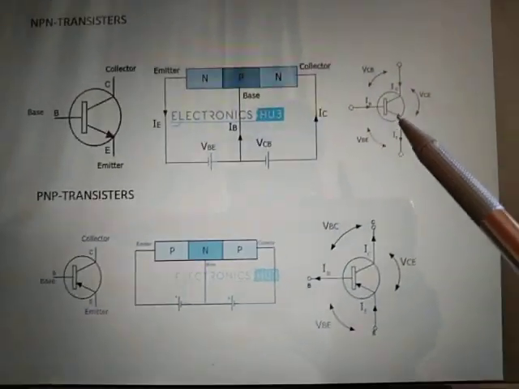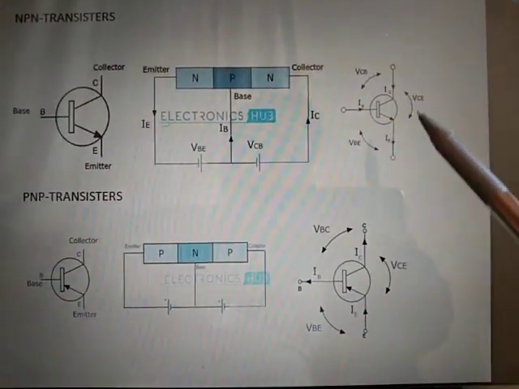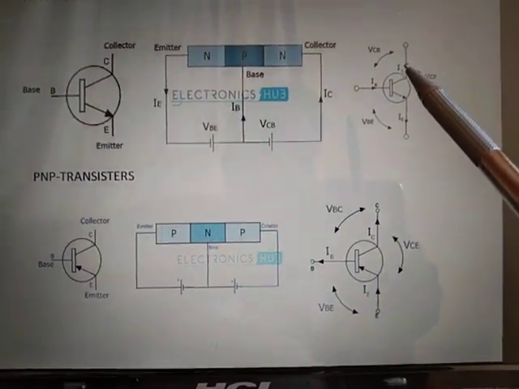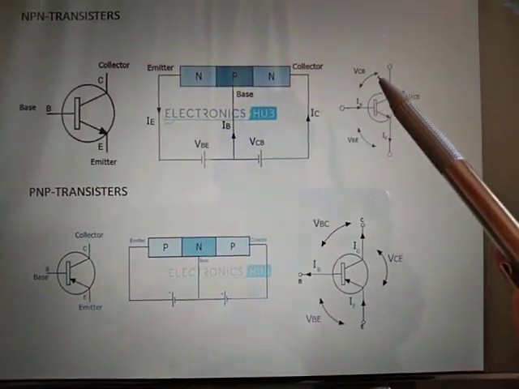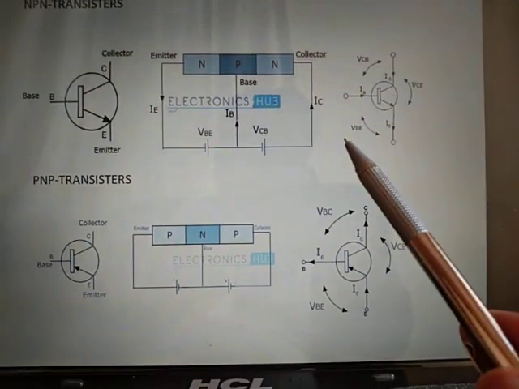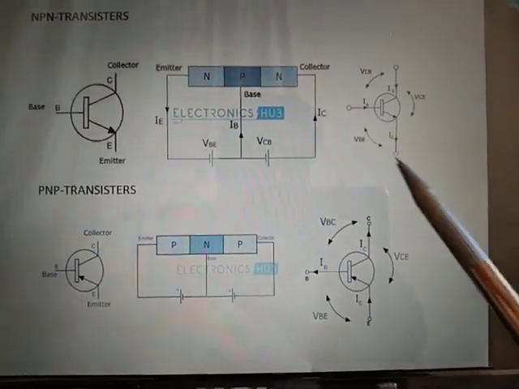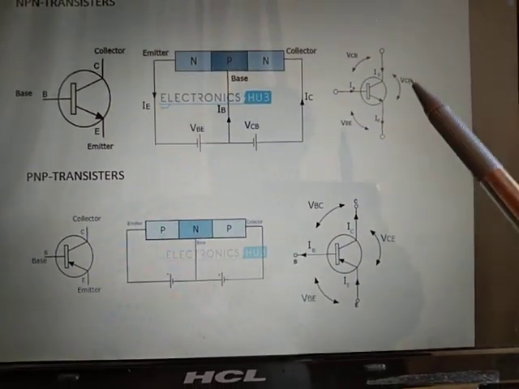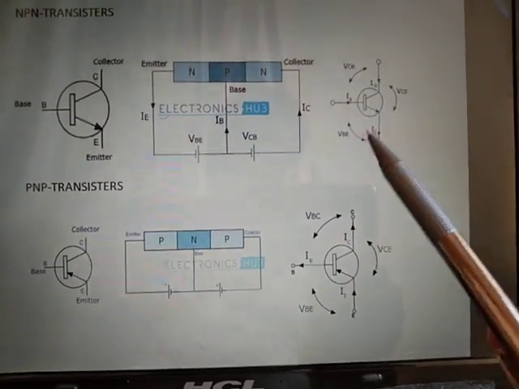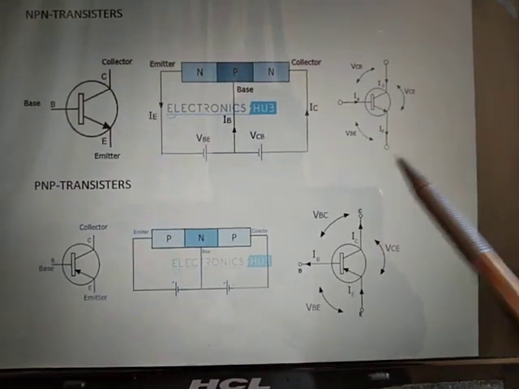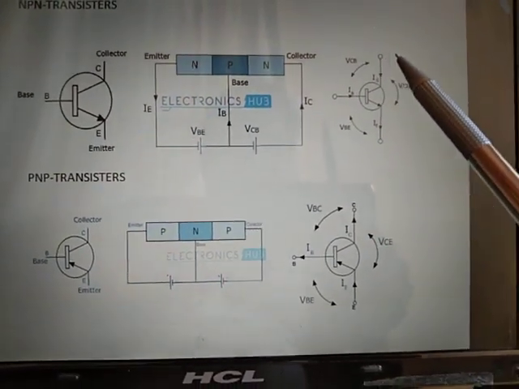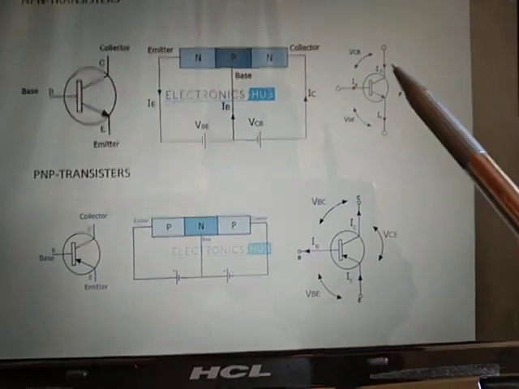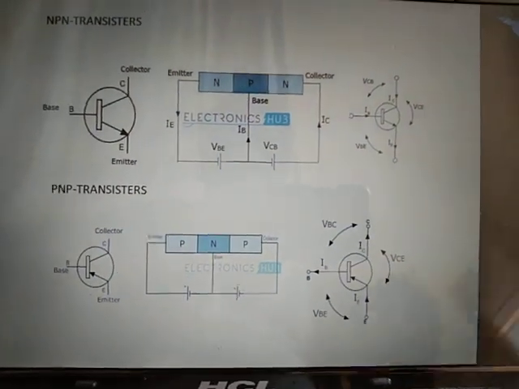Apply the voltage base to collector VCB, base to emitter VBE, collector to emitter VCE. Apply the collector current on the collector side, base current on the base side, and emitter current. Apply both current and voltage in all three terminals.